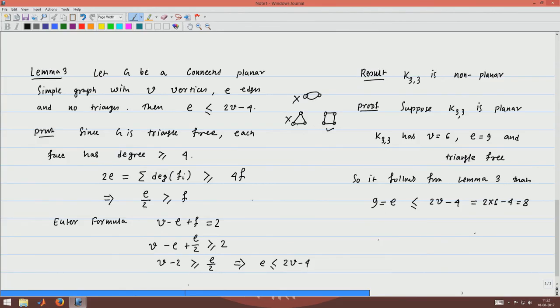So, this shows that 9 is less than or equal to 8. So, this contradiction shows that what we have assumed at the beginning, that K33 is a planar graph, is not true, or K33 is non-planar.